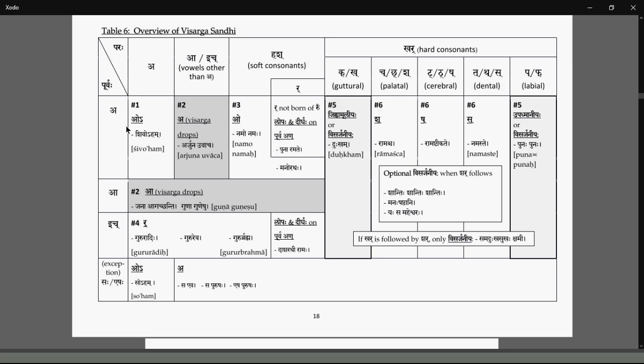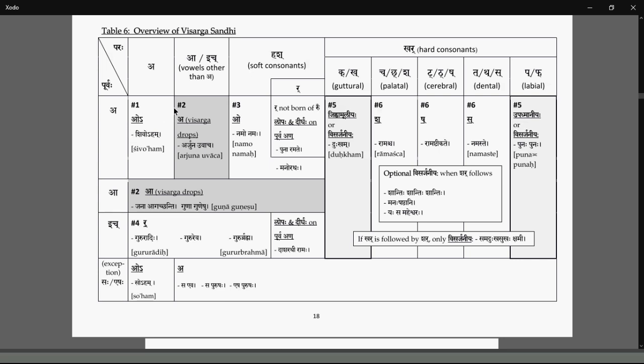So Okara is the Adesha here. A plus Visarga plus A is O, and Akara is dropped. A plus Visarga and any vowel except A, the Visarga drops. A is the Adesha and Visarga drops. There is a Visarga Lopa. Then O: if any Hush letter follows, you get O as the Adesha.